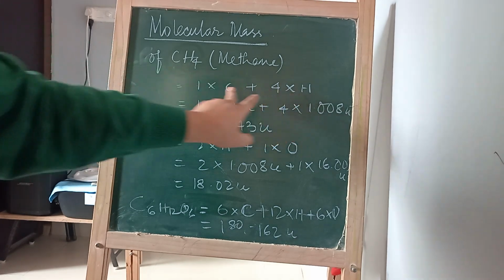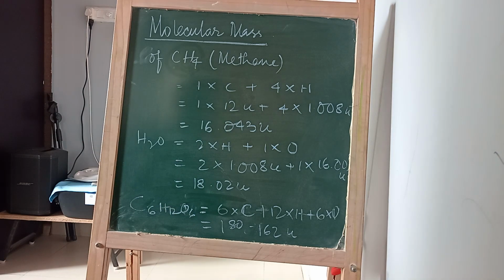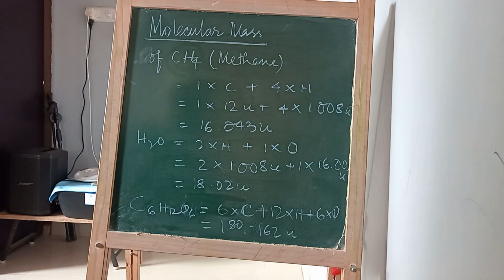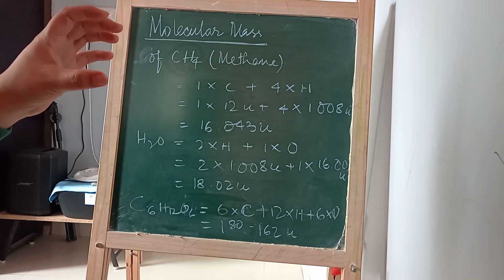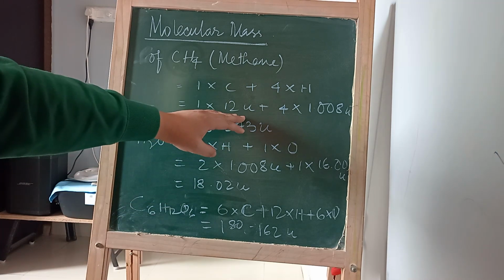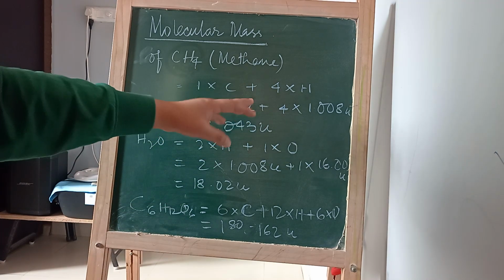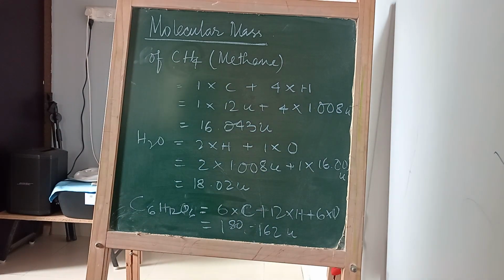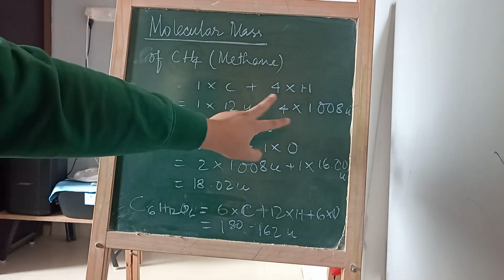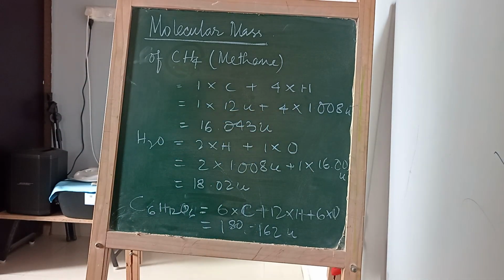The atomic mass of carbon is 12 u, which has been fixed as the mass of the carbon-12 atom. So this is the mass of carbon, 12 unified mass, and the mass of a hydrogen atom is 1.008 u. You multiply 12 by 1, plus 1.008 by 4. It's approximately equal to 16.043 unified mass. So this is the molecular mass of a molecule of methane.